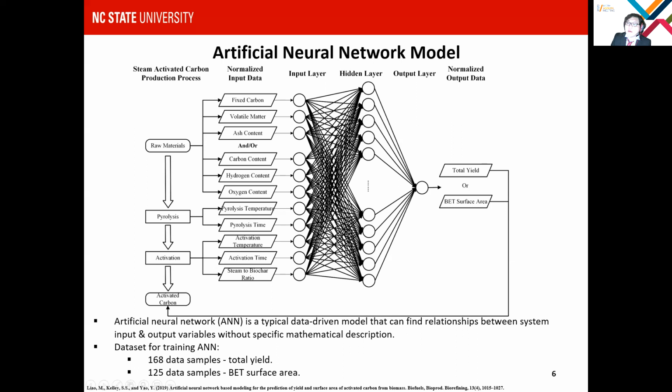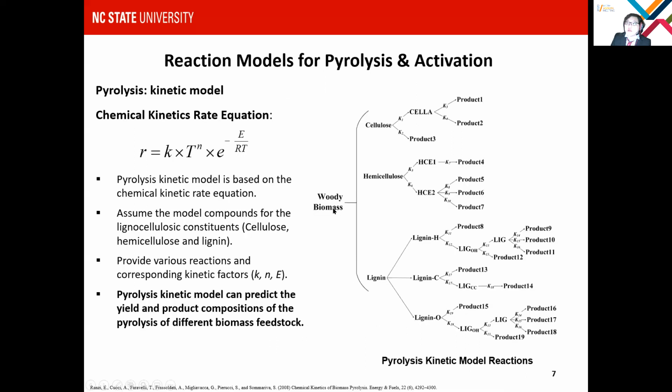activation unit. For the pyrolysis unit, we try to use the pyrolysis kinetic model based on the mechanism proposed by Ranzi in 2008. They have assumed that the woody biomass reactions include the reactions of cellulose, hemicellulose, and lignin.